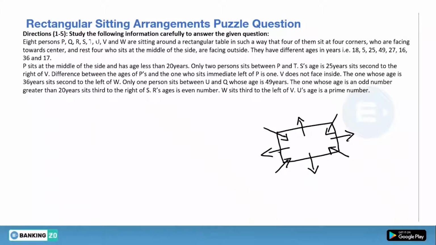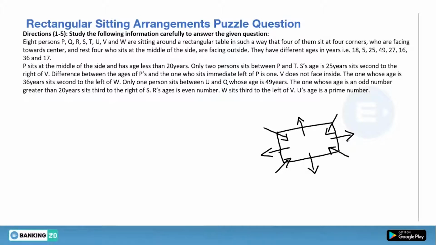We have 8 persons and 8 different ages. We have to identify which person belongs to which age, which direction they are facing in the rectangular sitting arrangement, and on which seat they are sitting. We have to do this first before solving the questions.